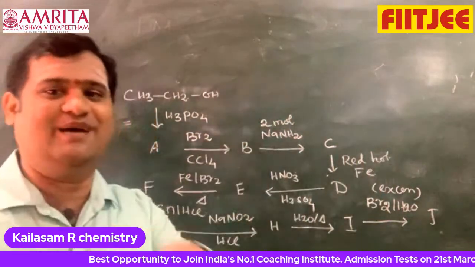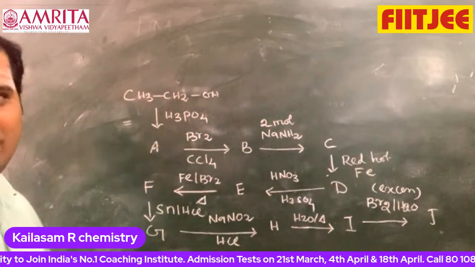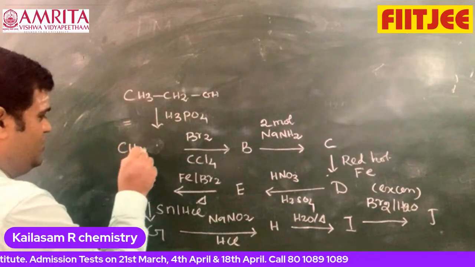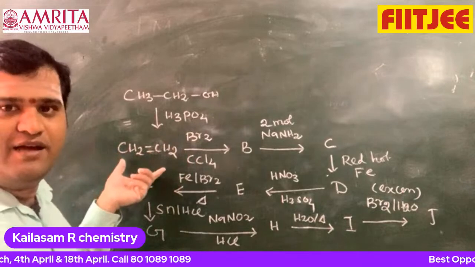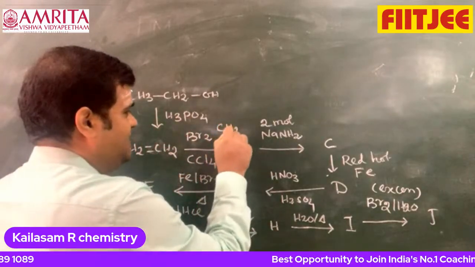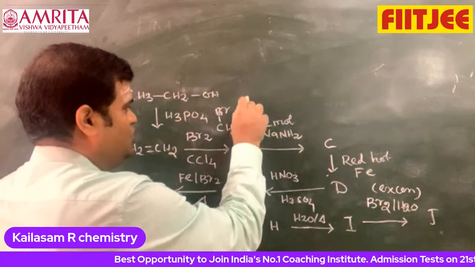So this is what we expect in the examination. Look at that. We know that this is dehydration of alcohol. Look at this, I can take it as CH2 double bond CH2. We know that alkene decolorizes bromine in CCl4, giving the dibromo compound, CH2Br, CH2Br.